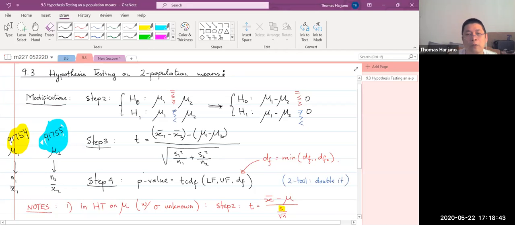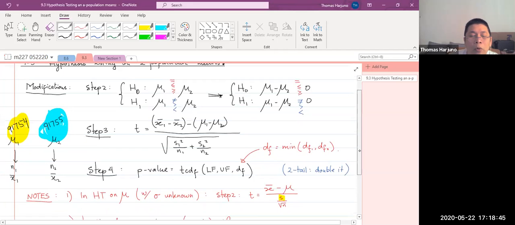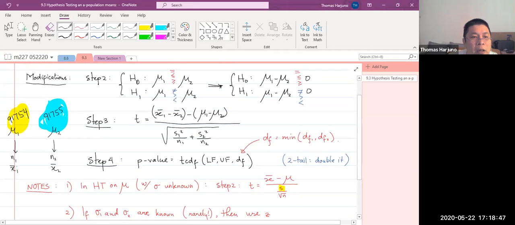Now of course, to make the model more realistic, we will not assume we have the population variance for each. We will assume we have the sample standard deviation for each. Okay, let's say that's the storyline.